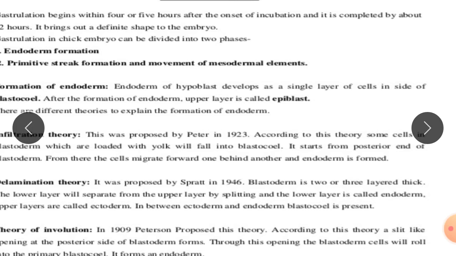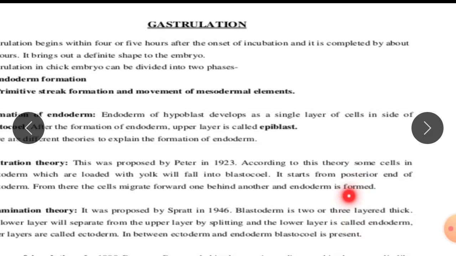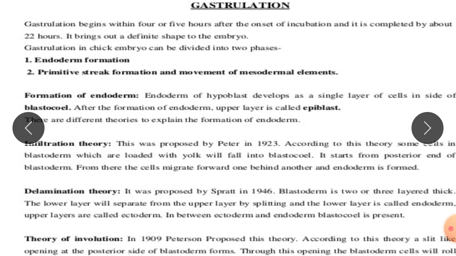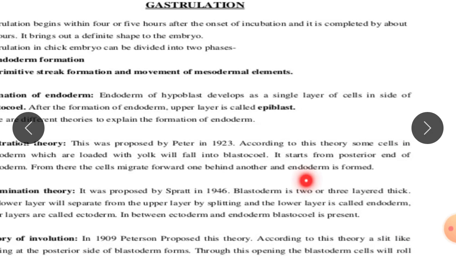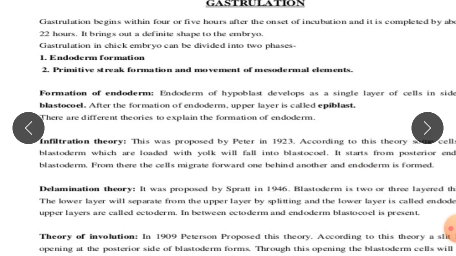According to this theory, some cells in the blastoderm which are loaded with yolk will fall into the blastocele. It starts from the posterior end of the blastoderm. From there, the cells migrate forward one behind another, and endoderm is formed.